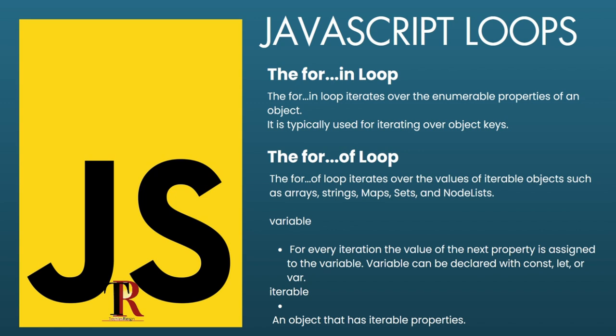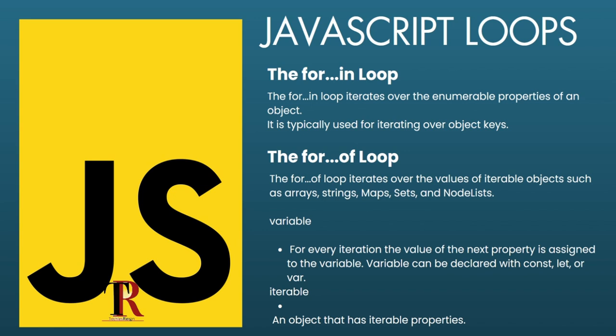That is because loop types have context. When working with objects, the for in loop or for of loop is best suited compared to the for loop or the while loop. So it is very important to understand the context of when a loop type should be employed in your program.